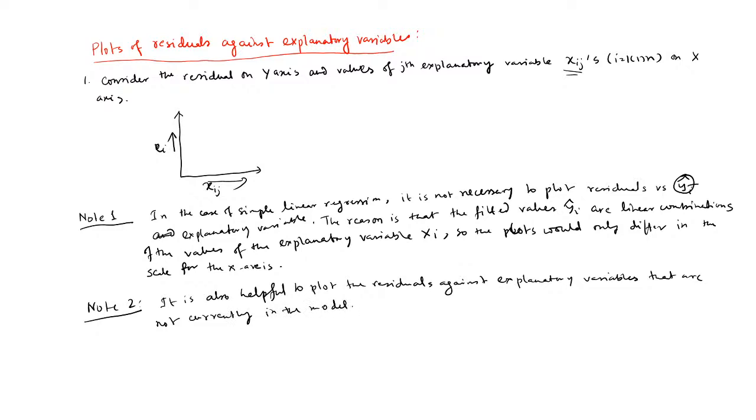Please read this line carefully. Suppose you use x1, x2, but my suggestion is you also plot residual versus x3, x4, which are other explanatory variables not used in the model. You should plot the residuals versus those explanatory variables not used in the model.